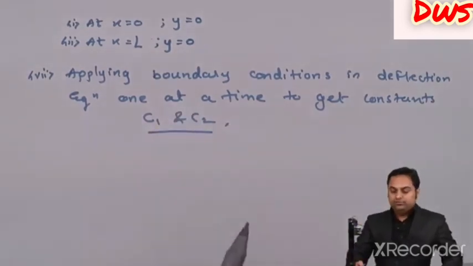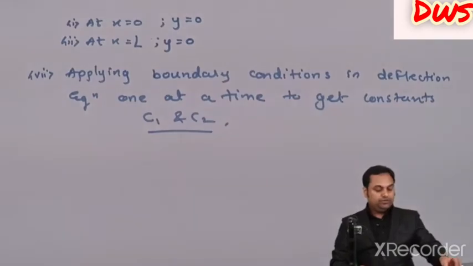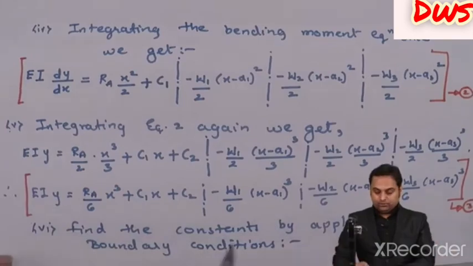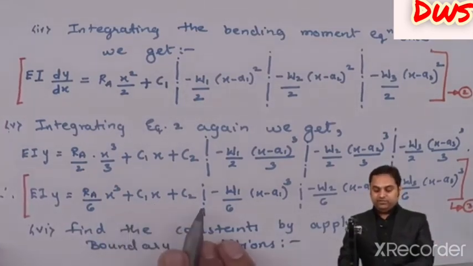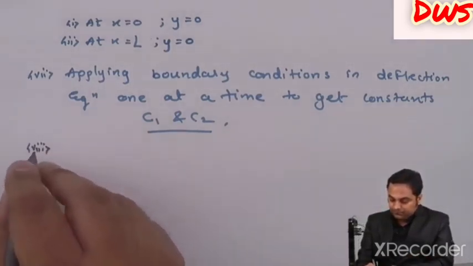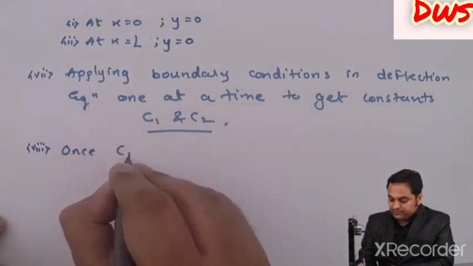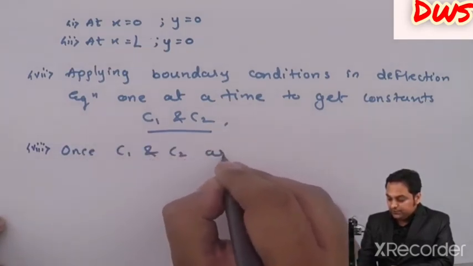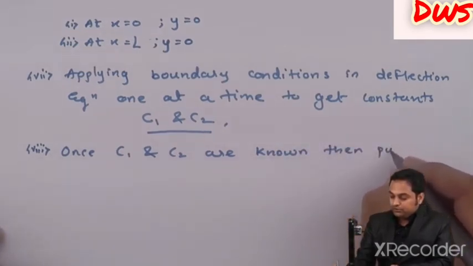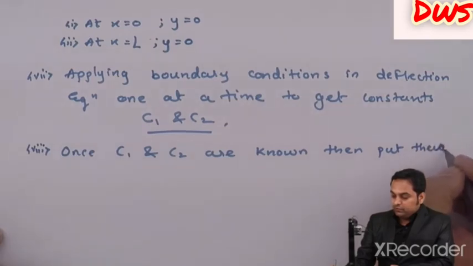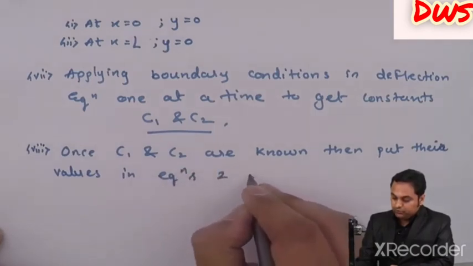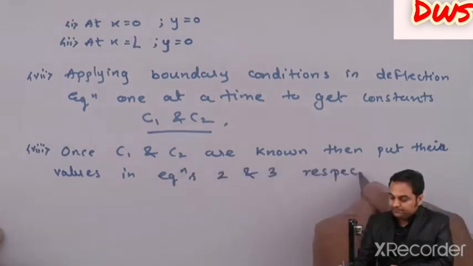Once we know the boundary conditions, we can put the values in the deflection equation, which is equation number 3, to get the values of C1 and C2. And once we know C1 and C2, that is step number 8 in Macaulay's method, once C1 and C2 are known, then put their values in equations 2 and 3 respectively.